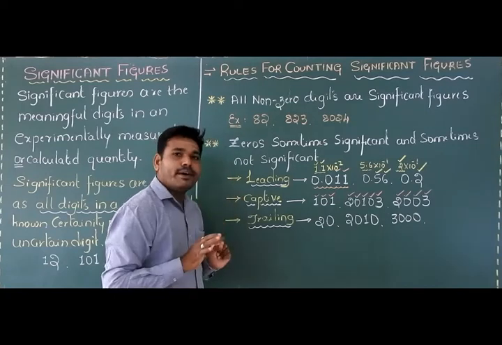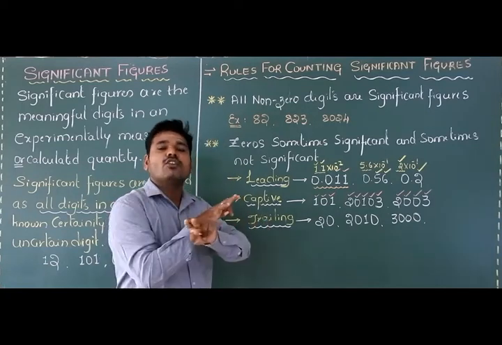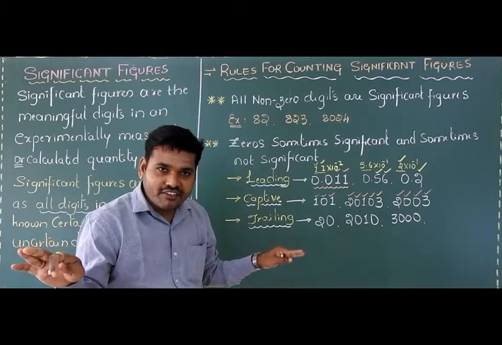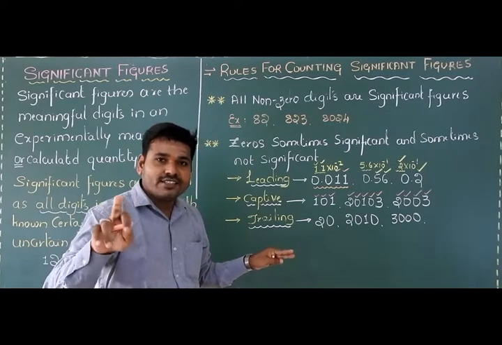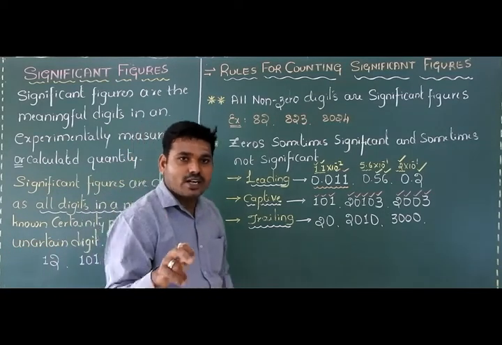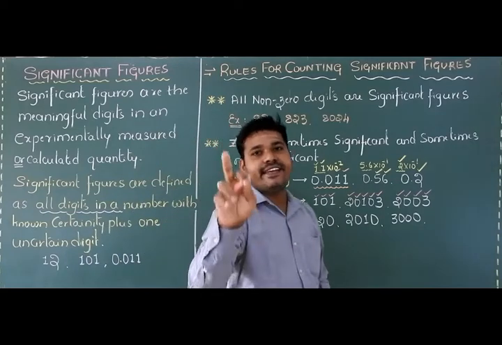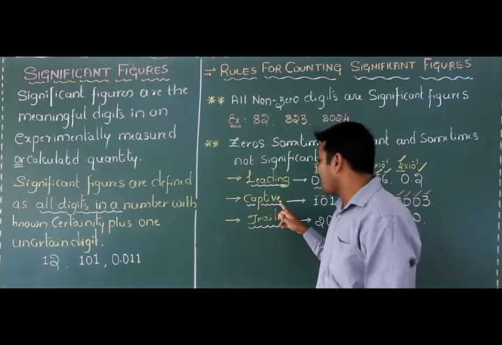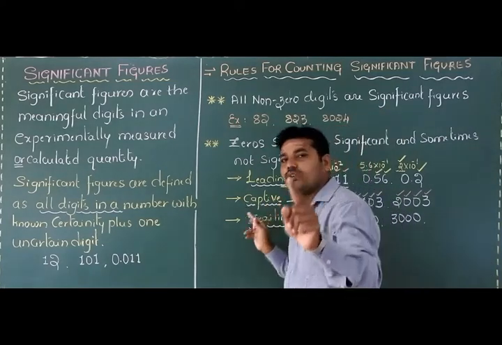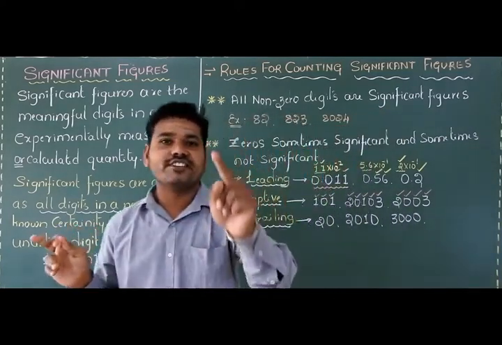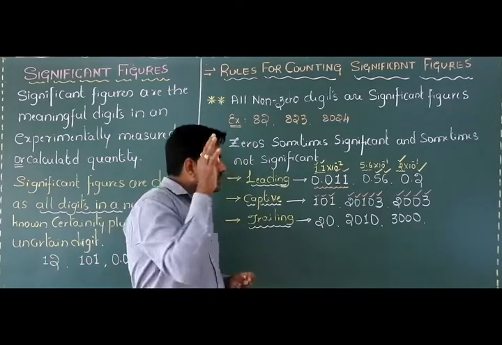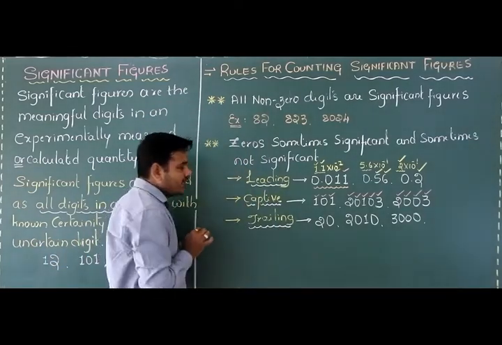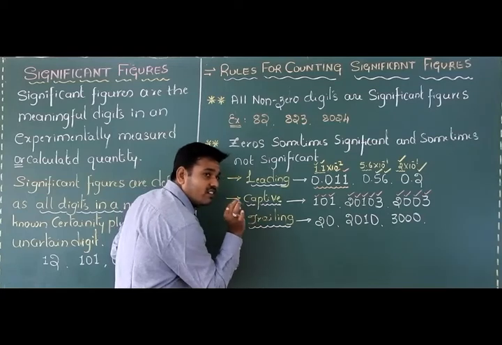So please remember, leading zeros are not at all counted as significant figures, and these leading zeros are always used to locate the decimal point, whereas the captive zeros are always counted as significant figures, students.